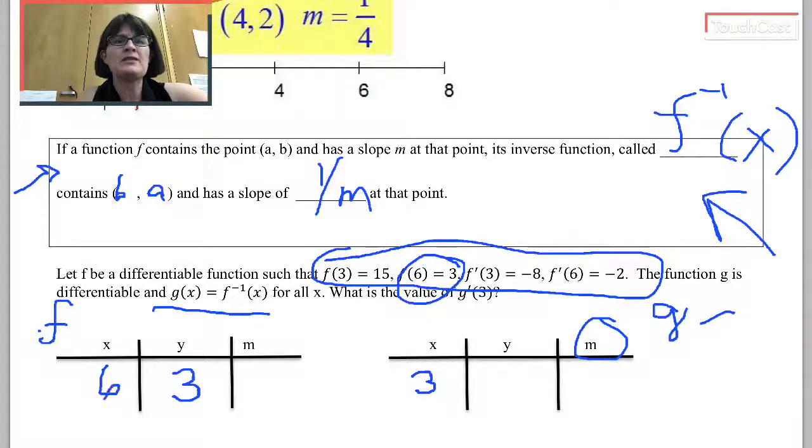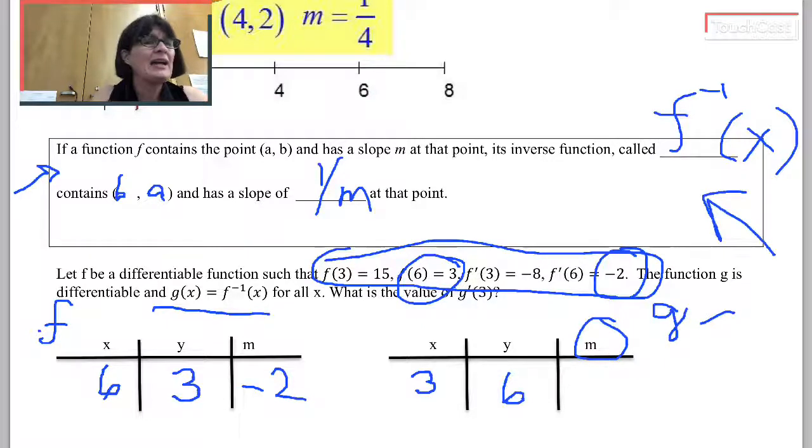So at the point 6 comma 3 on the f function, something's going to happen. The corresponding point is going to be 3 comma 6 on the g function. So the thing I'm missing, what's the slope of the f function at 6 comma 3? Well, that's going to be f prime of 6, which is negative 2.